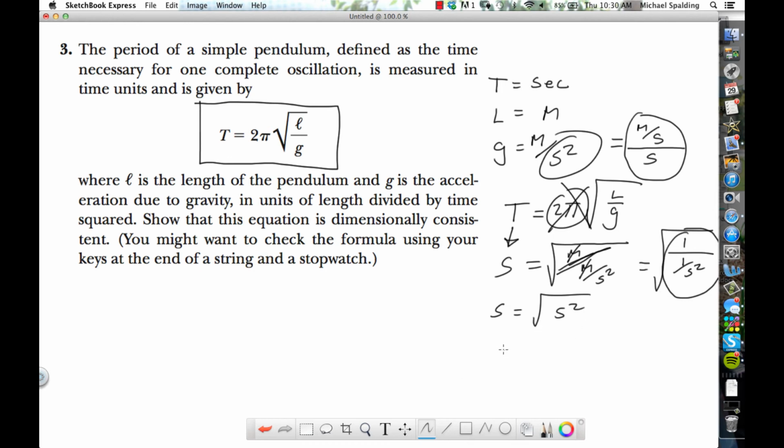And then what's the square root of second squared? Seconds. So is this equation dimensionally correct? Yes. The simplified unit on the left is seconds. The simplified unit on the right is seconds. So that's all we mean by dimensional analysis. Any questions on this?